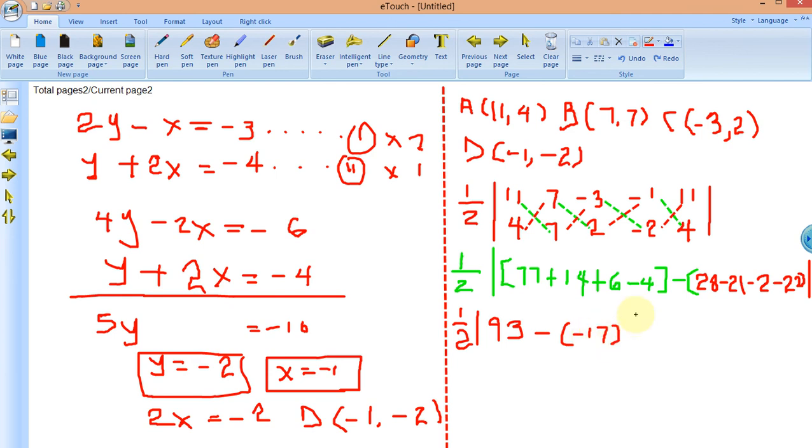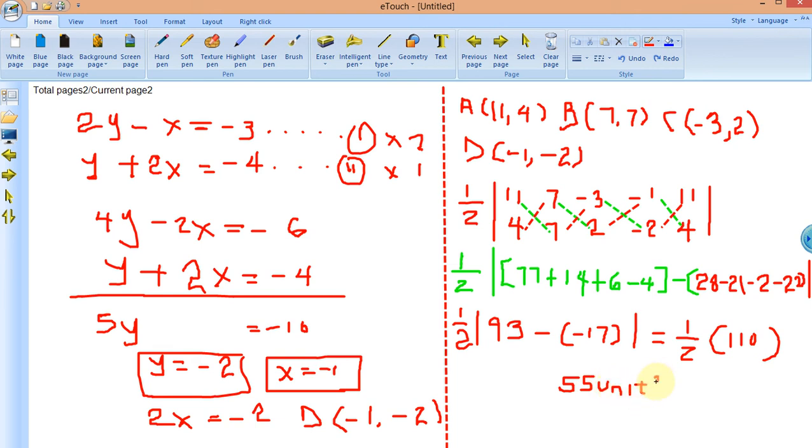Okay, so minus minus will give me plus. So there I'm going to have half into 93 plus 17. So 93 plus 17, that is 110. Okay, so half into 110, that is 55. So guys, this is area, so the unit will be units square, and that is the final answer.